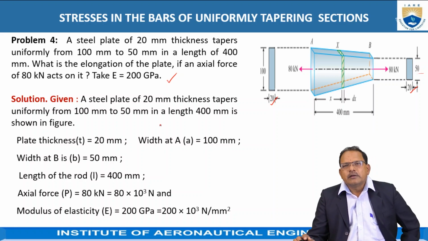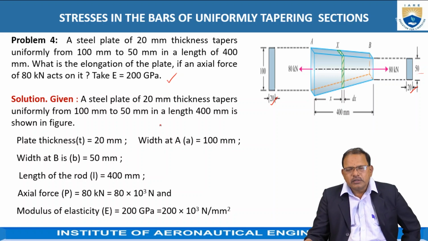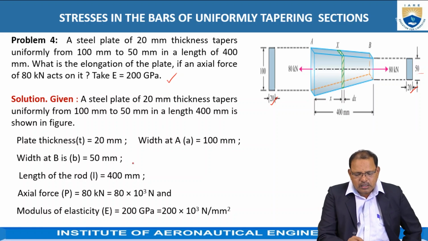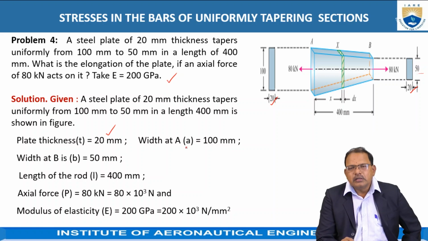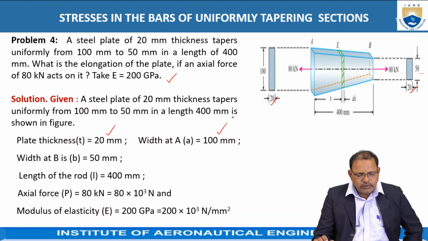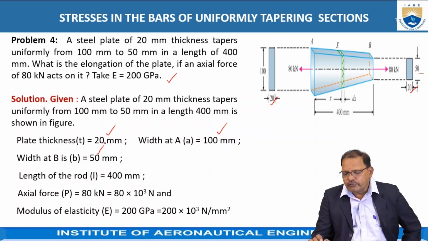Okay, the given data in the problem: a steel plate of 20 mm thickness tapers uniformly from 100 mm to 50 mm in a length of 400 mm. Here, thickness is 20 mm. The width at A is equal to 100 mm. Width at B is equal to 50 mm.